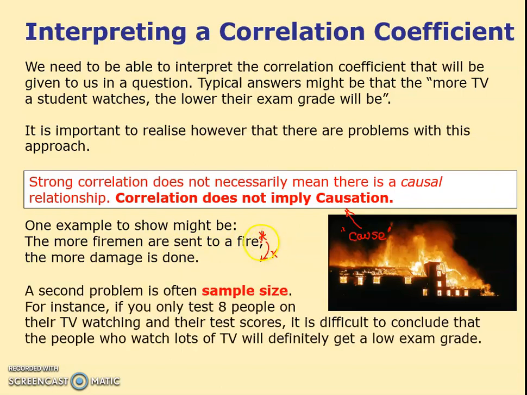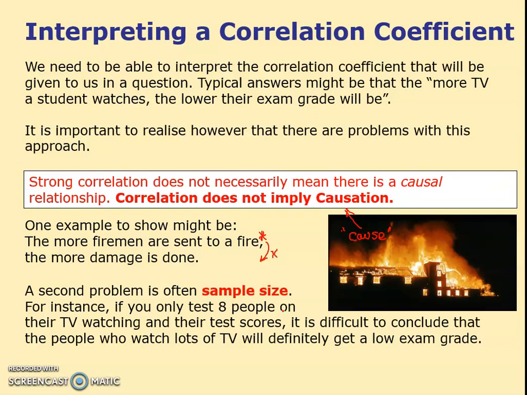Here's a second problem. If you only have a small sample, you might find that you get slightly dodgy results. It says, for instance, if you only test 8 people on their TV watching and their test scores, it's difficult to conclude that, for everyone in the country, people who watch lots of TV will definitely get a poor grade.